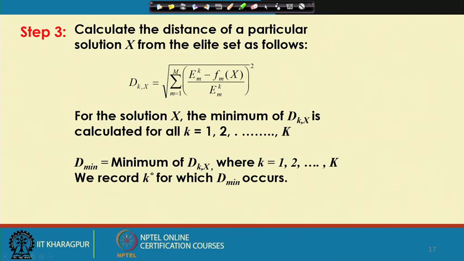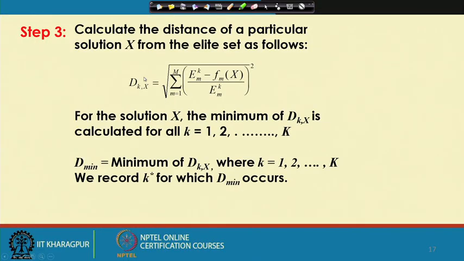We compare those numerical values, and supposing that out of these 10, corresponding to the 6th elite solution or the non-dominated solution, I am getting the minimum d_kx, that is nothing but d minimum, and k star will be equal to 6, the 6th solution. So, I think it is clear now.